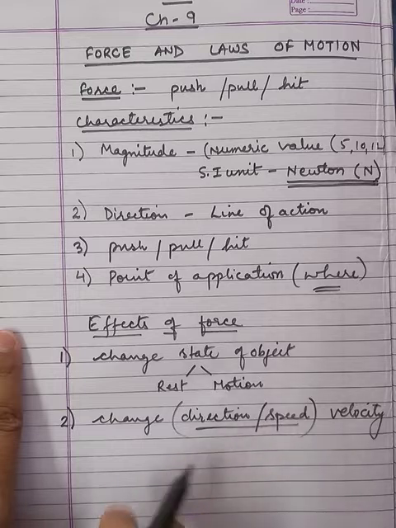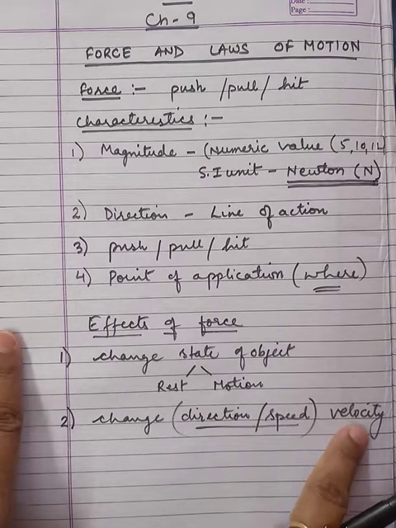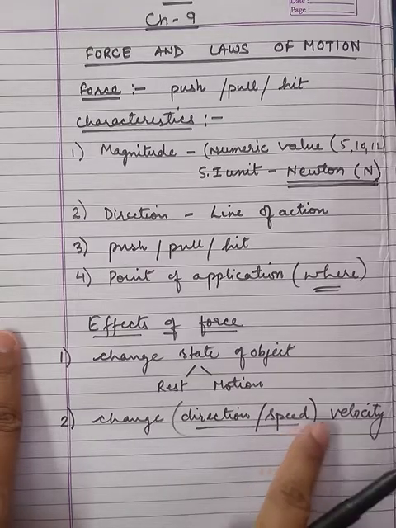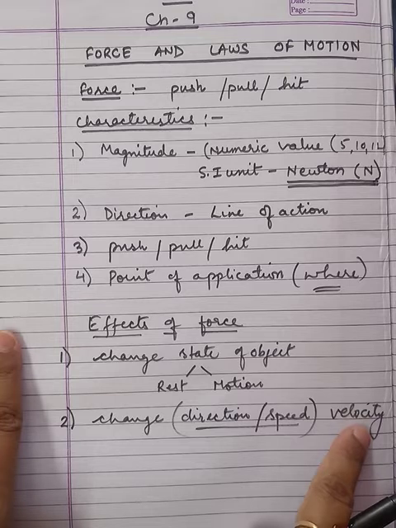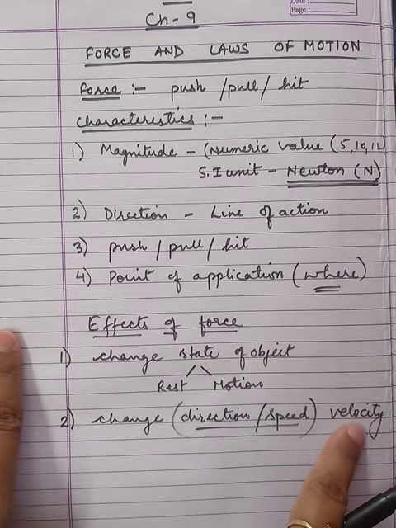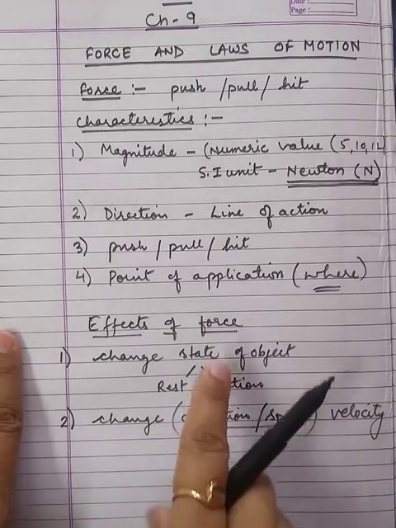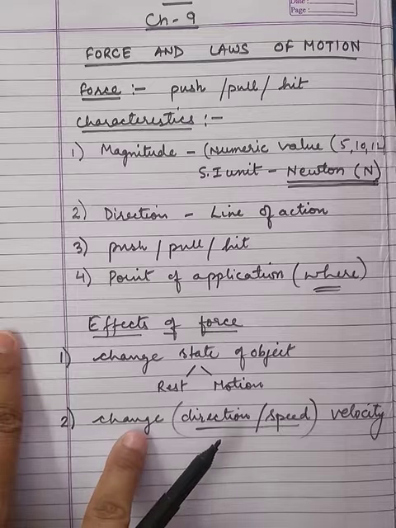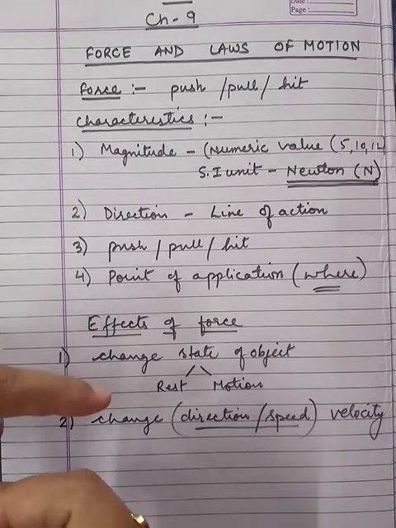So if the direction is changing, then also we say that velocity is changing. If speed is changing, then also we can say the velocity is changing. That we know. This concept we have understood in chapter motion, right? I hope you know it, right? So we are saying here that when the force is applied, there may be change in velocity. So force can change the velocity of an object.